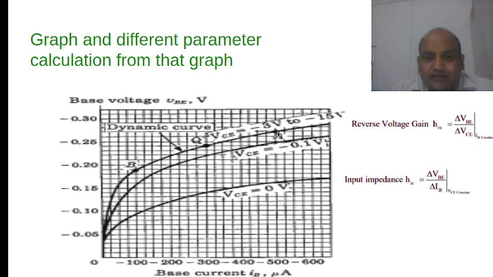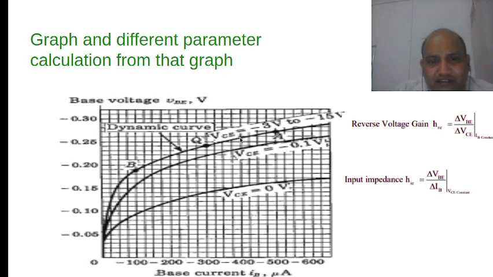Then HIE is equal to delta VBE upon delta IB. So first calculate the difference. From here to here you will get a voltage difference, and from here to here you can get the current difference. Here you have IB1, here you have IB2, and IB2 minus IB1 gives the current difference.